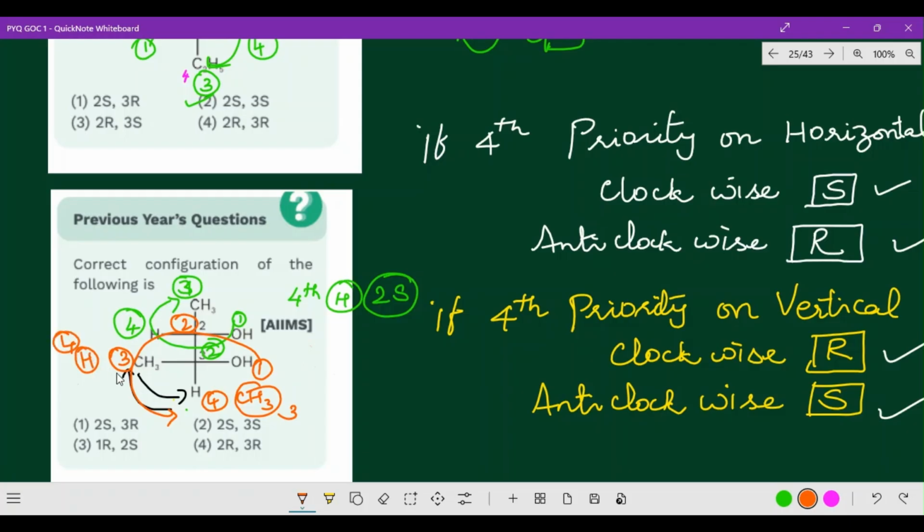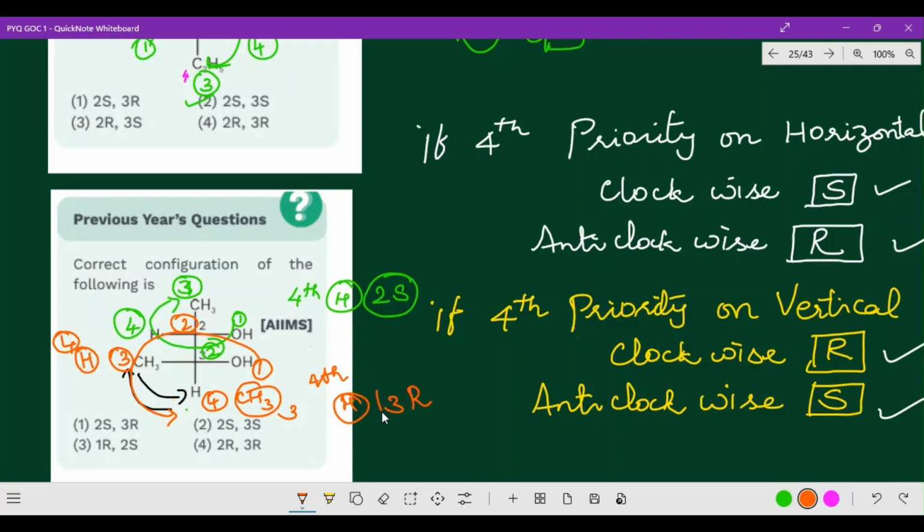So the fourth priority is on the horizontal line, and anti-clockwise. So anti-clockwise is what? R. Here anti-clockwise it is R.